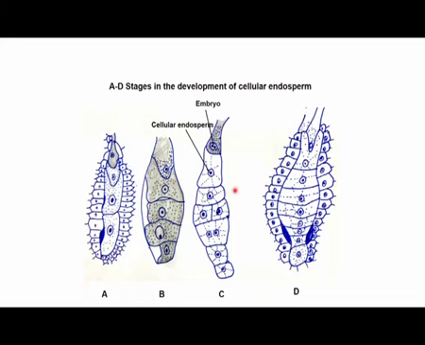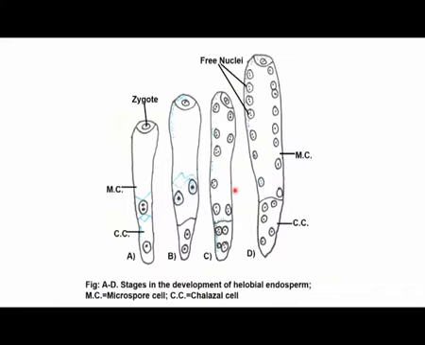Now, the third mode of endosperm development is called the helobial. So, helobial is actually a mixture of the nuclear as well as the cellular endosperm development. In the helobial type of endosperm development, the primary endosperm nucleus moves to the... in this case you see this is the embryo sac where you have a zygote on one end and the antipodal cells on this side.